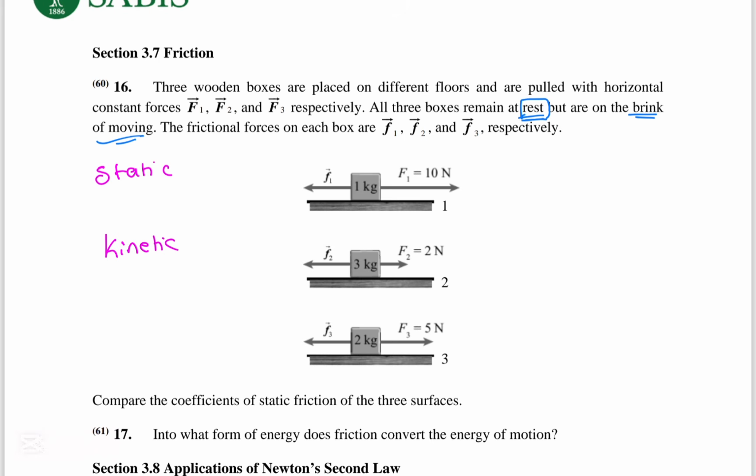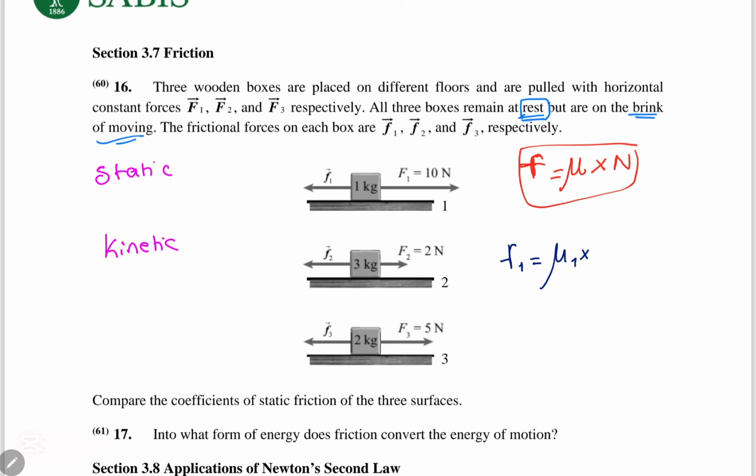There is a very important equation you need to know, which is that the frictional force, small f we're gonna call it, is equal to mu, the coefficient of friction, multiplied by the normal force. This is something very important that you must know and you must remember. So F1 is equal to mu, we'll call this mu1, times the normal push.